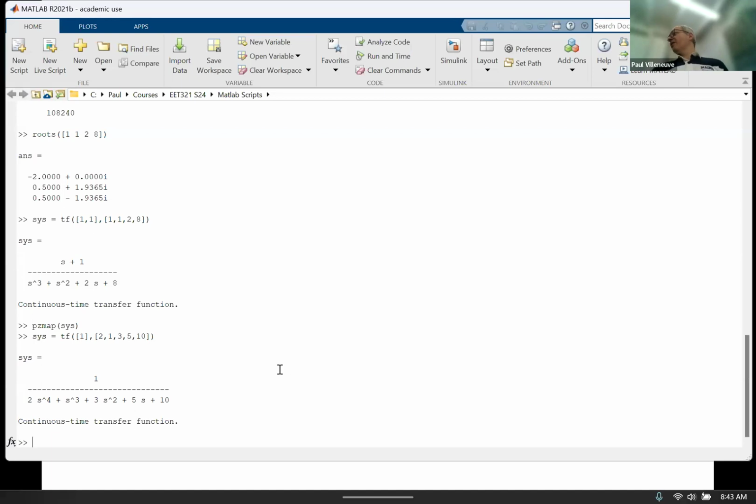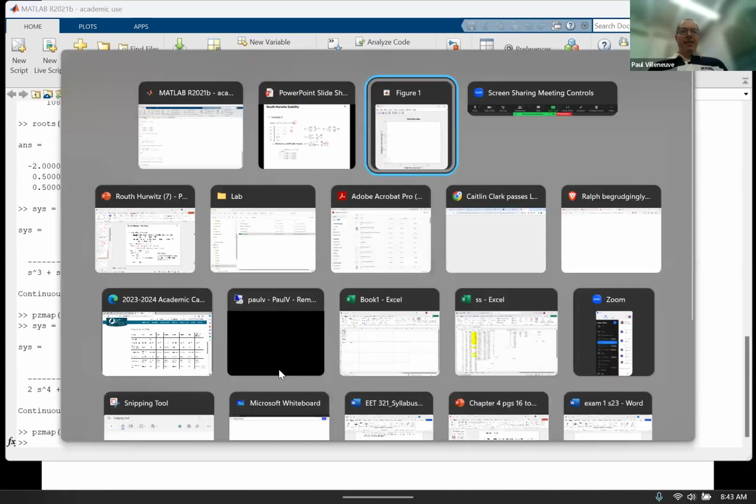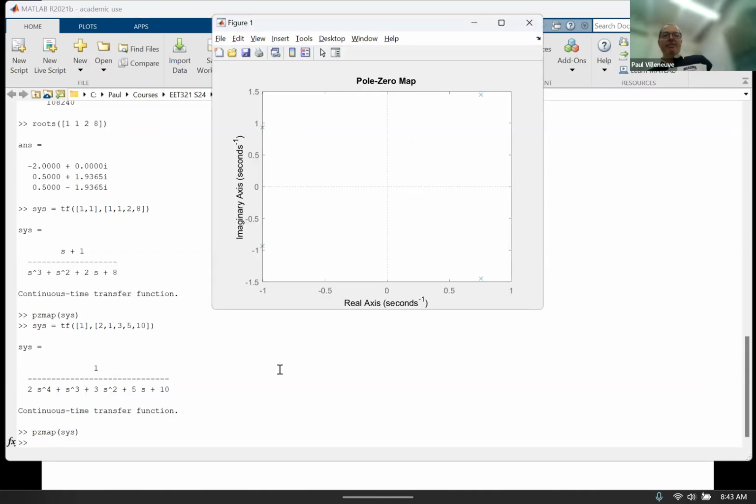At least the characteristic equation's there. So now we do PZ map. And bring up the plot. And how many poles in the right-hand half plane? 2 and only 2. You can see that here.